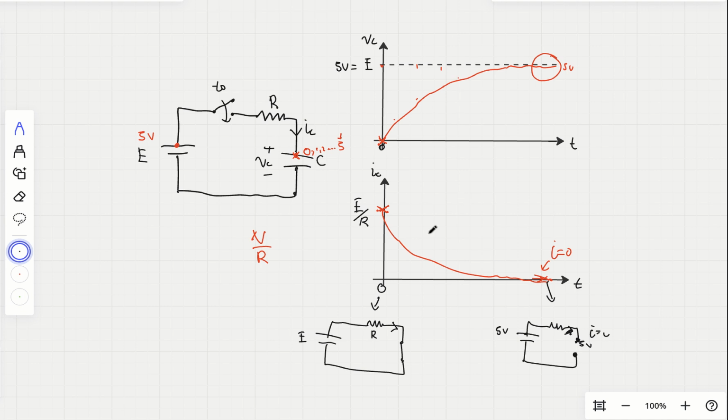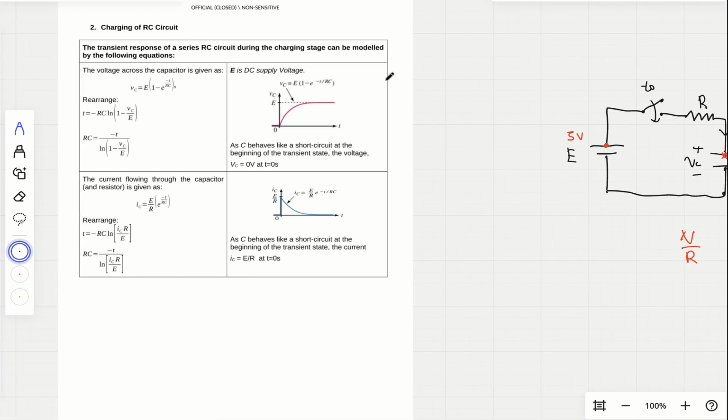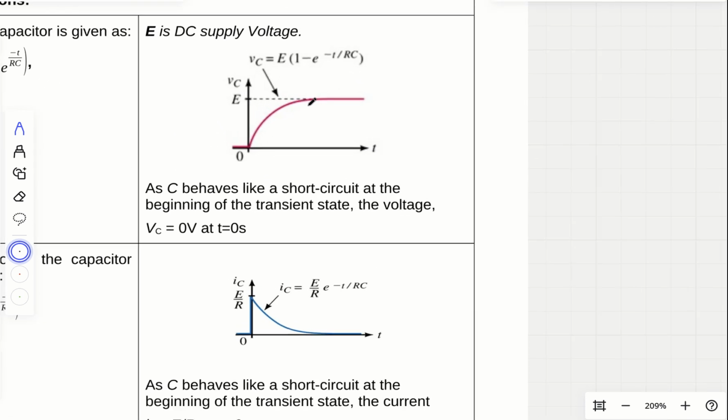If we want to find the current or the voltage at any other time, for example, if I want to know what the voltage is at this time, then we can refer to the equations given here. Okay, this is charging of the capacitor. We have seen the plot.